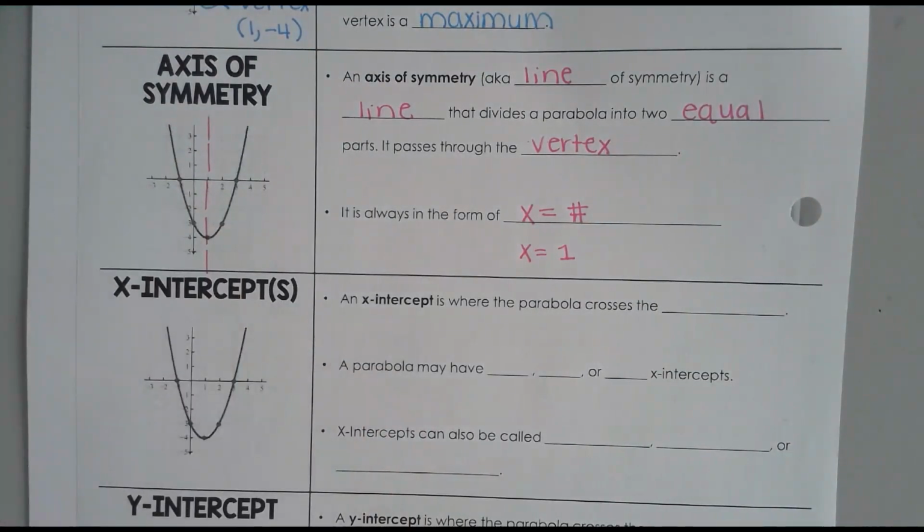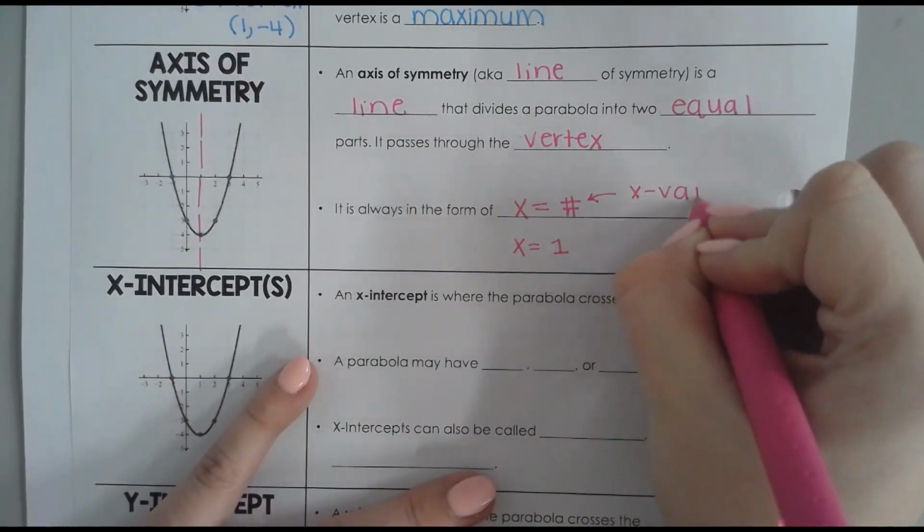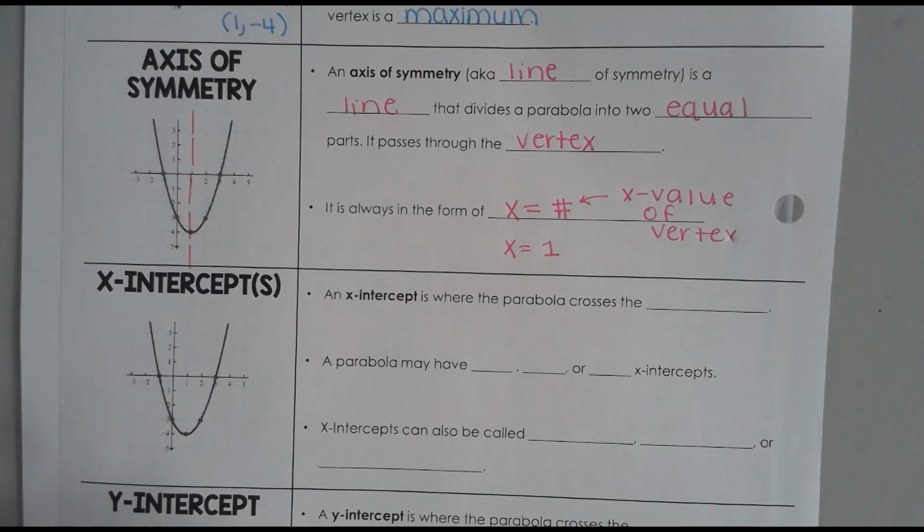If you just put 1, you've not really specified that it's a line. X equals 1 is an equation of a line. This number will always be the x value of the vertex. If you don't put the x equals, it's not technically correct.